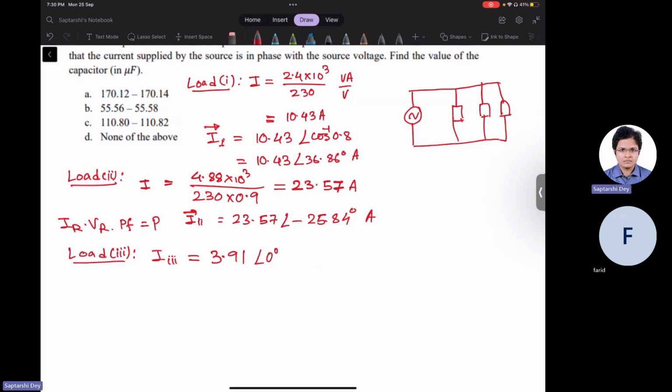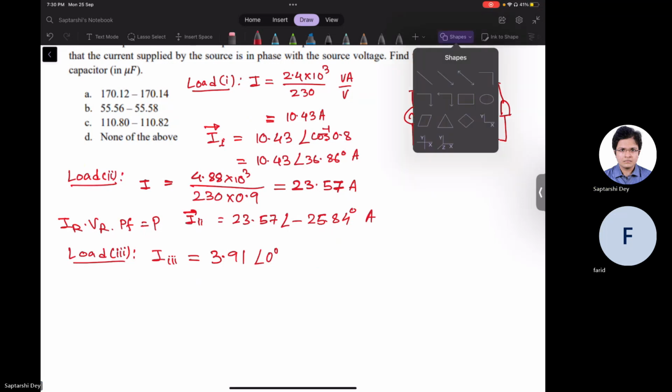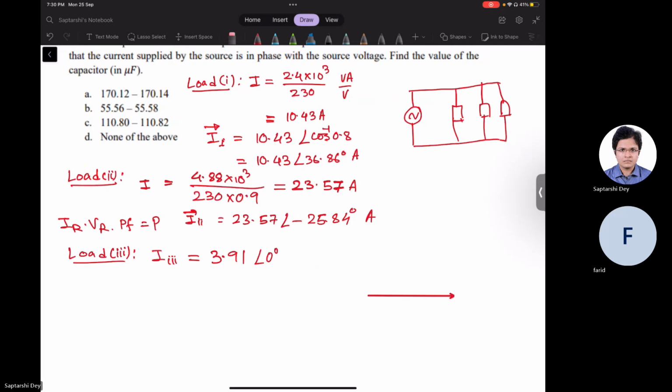On the voltage, we will draw the currents. So I will draw the voltage with red maybe. So this is my voltage, supply voltage Vs.